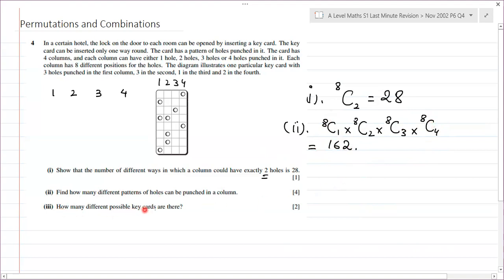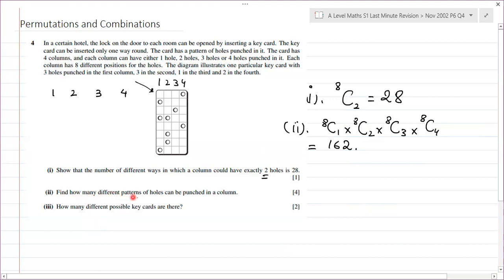How many different possible key cards are there? Now, how many possible key cards can you get? Each of these columns has 162 ways of having holes in them.